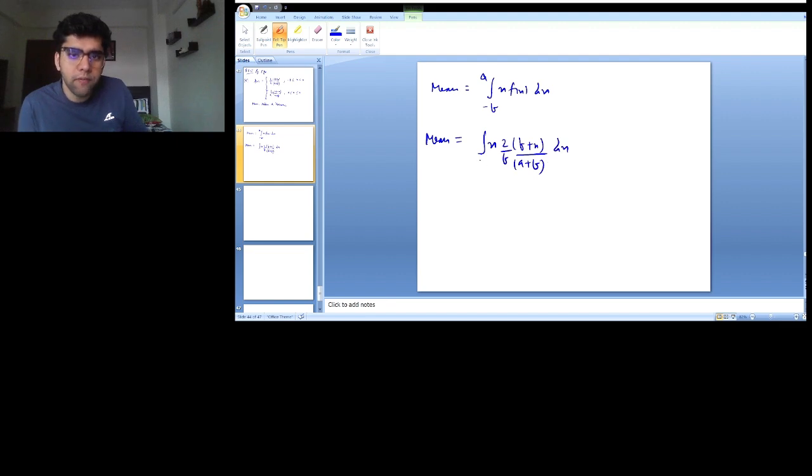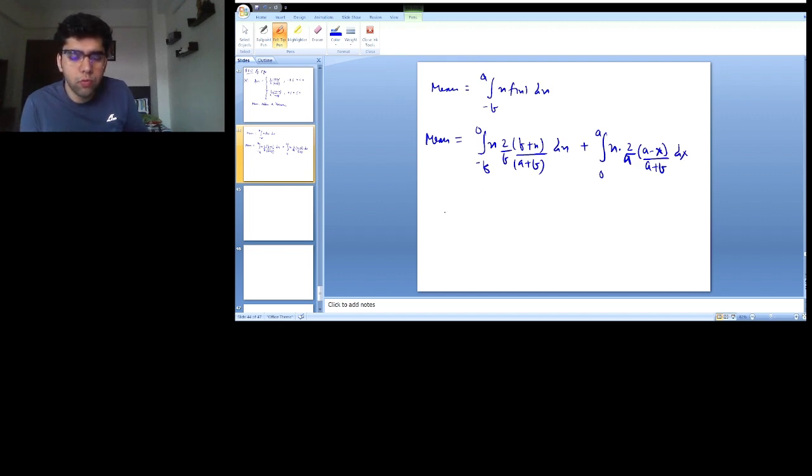For this PDF we have the limits minus b to 0, and adding this with, now my limits are 0 to a, so my PDF will change here, and I will have 2 upon a into (a minus x) upon (a plus b) dx, right?